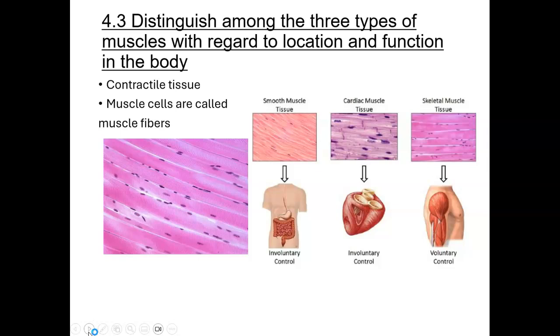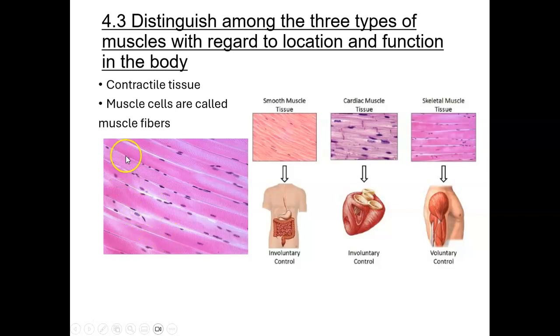So we already talked about that muscles are quite unique because they're contractile tissue. The cells can actually contract and move parts of our bodies. Muscle cells are kind of weird. If you look right here, you can see these great big long fibers, and these are quite large compared to other cells we've looked at. And each one of these dots is a nucleus.